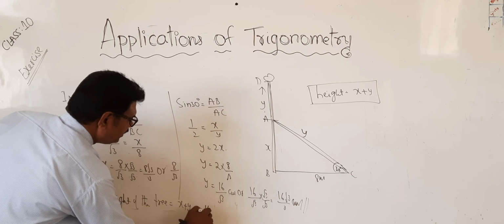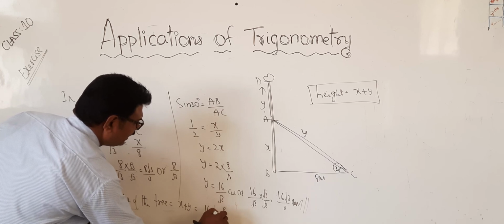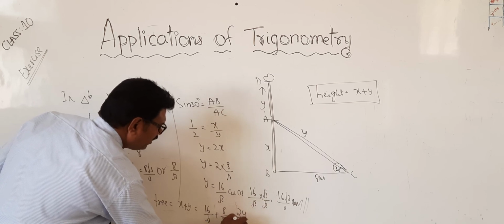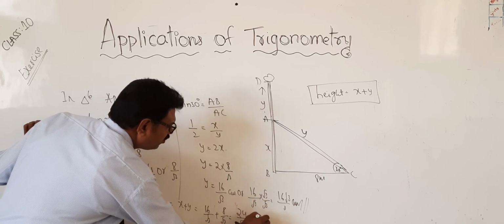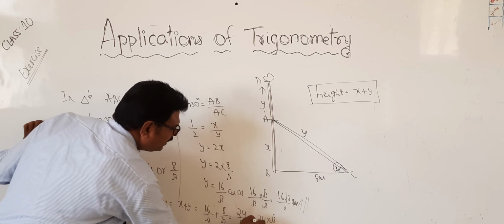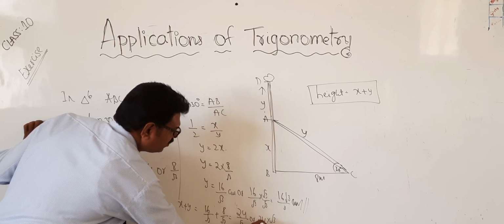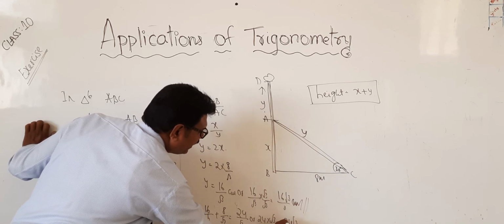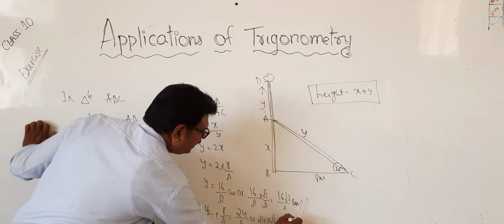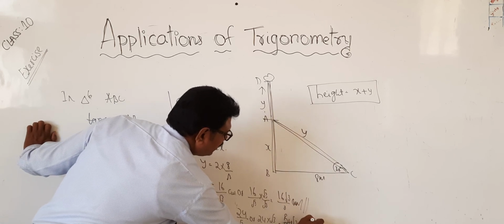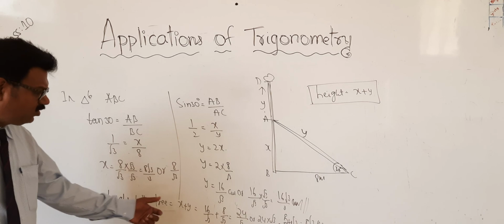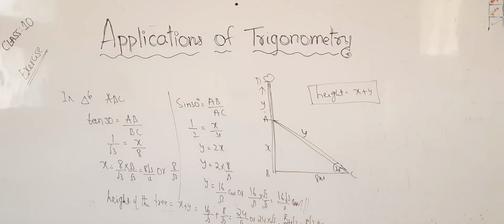Therefore, 16 by root 3 plus 8 by root 3, it is nothing but 24 by root 3, or 24 into root 3 divided by root 3 into root 3, or 24 root 3 by 3. 3 1s are 3, 8s are 8. Therefore, answer is what? 8 root 3 meters. How much? 8 root 3 meters. Please see.